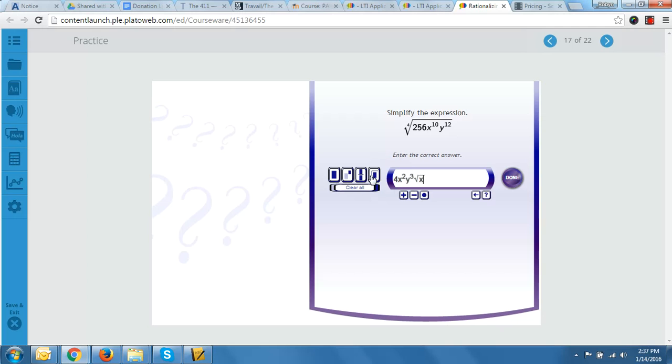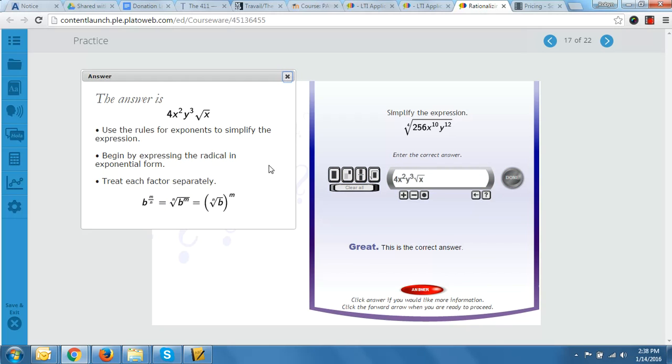And then I'm going to have the square root of x because I have that 2 1/2. 5 over 2 is the same thing as 2 1/2. That's not giving you all the steps to show you. I thought it might work all the way through that, so hopefully you understood that through my instructions.